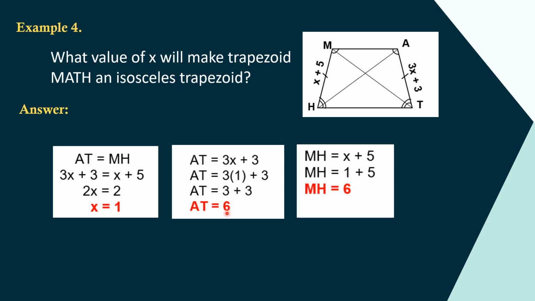Now, let us have MH. MH is equal to x plus 5 and x is equal to 1. 1 plus 5 is equal to 6. Notice that AT is equal to MH. That means MATH is an isosceles trapezoid.